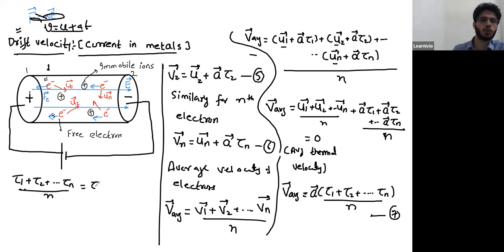So what was tau 1, Afroza? What was tau 1 and tau 2 and tau n? I'm just asking, what do you physically mean by tau 1, tau 2 and tau n? What was tau in this equation? What does physically tau represent?